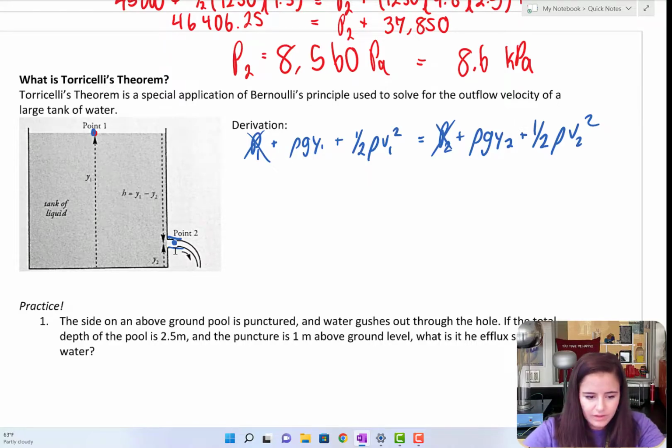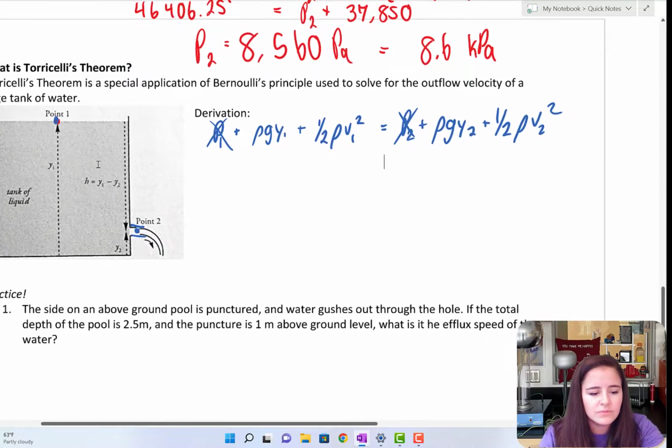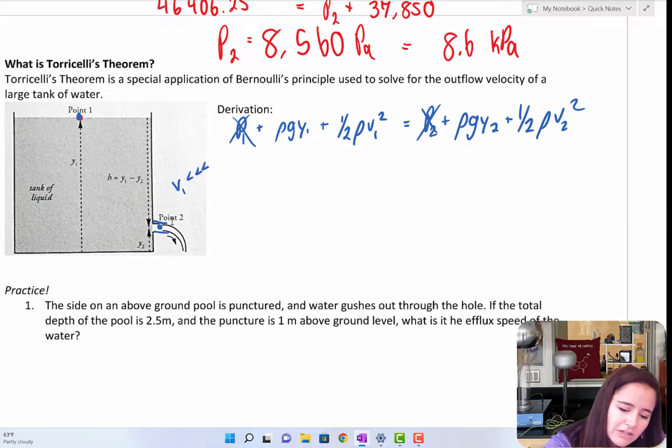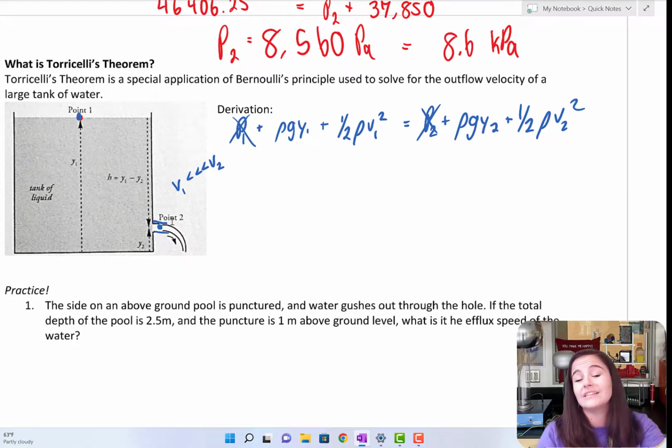And then, because point 1 is going to be moving down so much slower than the outflow velocity, we say that V1 is so much smaller than V2 that it's basically 0. So we ignore that velocity V1.